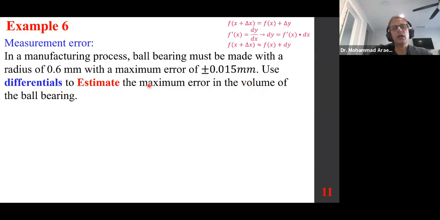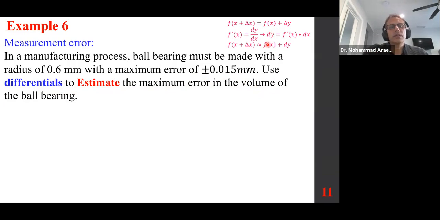The volume. And I hope you realize a ball bearing is in the shape of a sphere. Therefore, we need the volume, which is 4/3 pi r cubed. And because of the estimate, we really need dy, or in this case, dv.